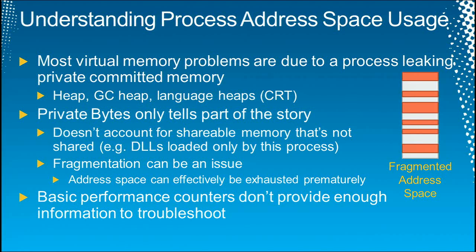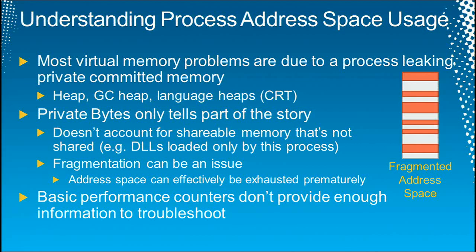But private bytes only tells part of the story when you really want to understand what's going on with the virtual memory usage of processes. It doesn't account for shareable memory that's not shared. If you're interested in what its real impact on the system is, how much virtual memory is private that it's using, how much is shareable, what is that shareable? This is interesting from a developer perspective as well, when you're looking at optimizing your own code: if you've got shared memory but you're not sharing it, you might as well be private memory.